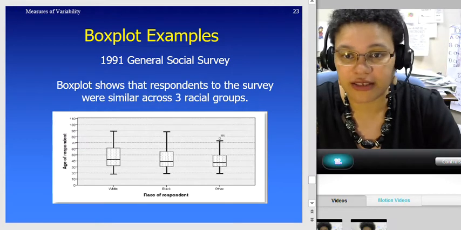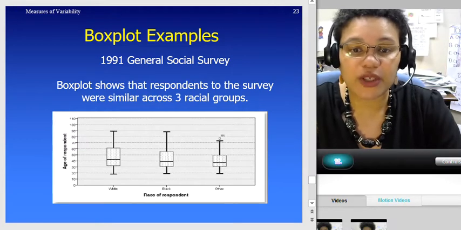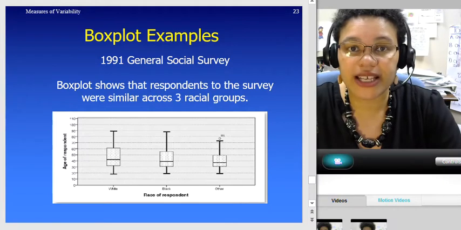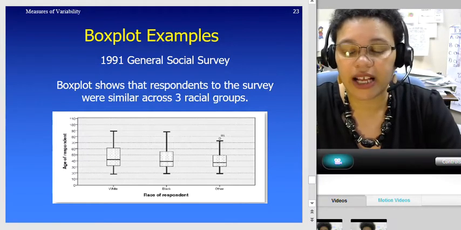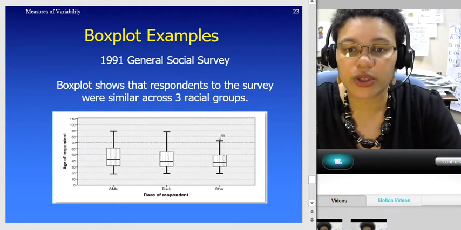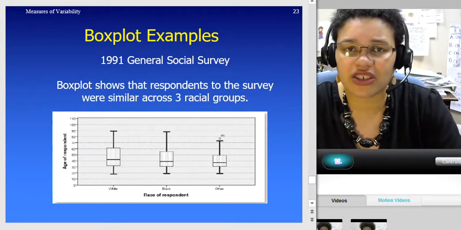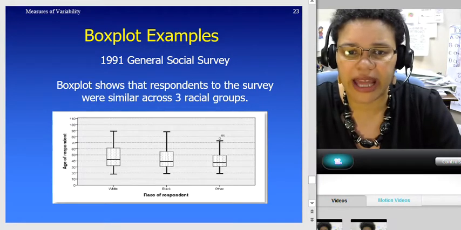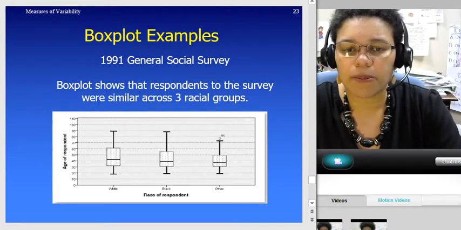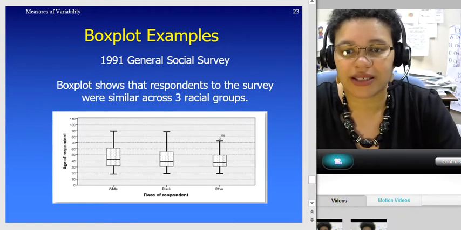Okay, or maybe it's that most of the people who filled out this survey were 40 years old. That seems likely. But there was a range for each of the racial groups, white, black, and other, in terms of who was filling out the survey. But you see, on average, they're about the same age. Most of the values are similar. The boxes look similar.